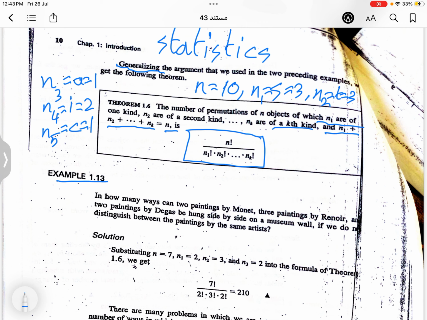Then you have n1 equal 2, n2 equal 3, n3 equal 2. The total number of paintings n equal 7.